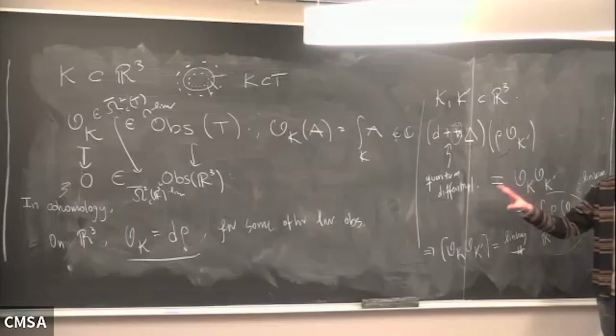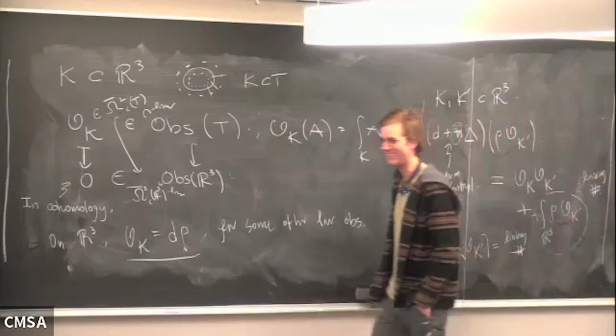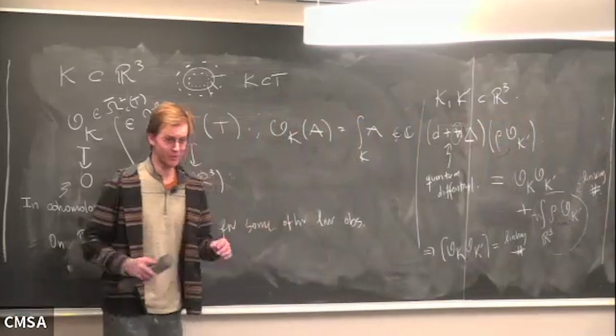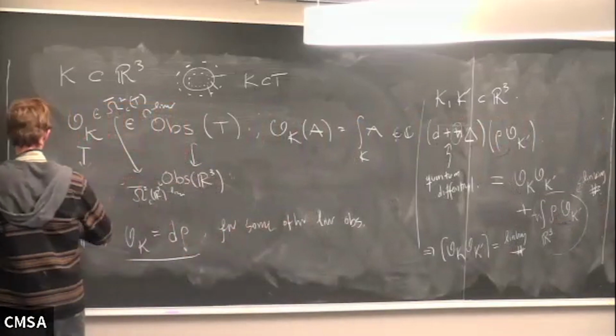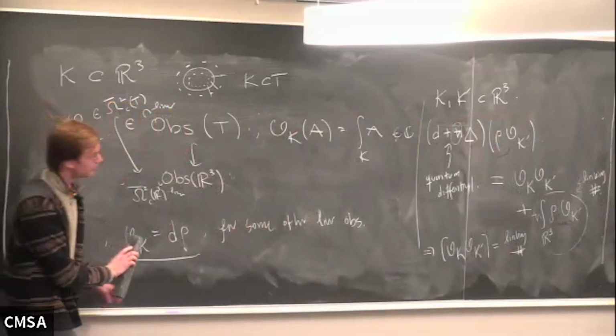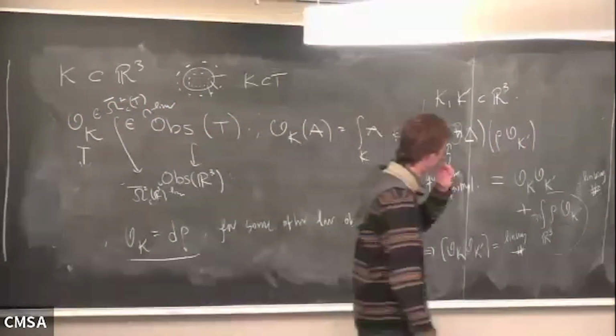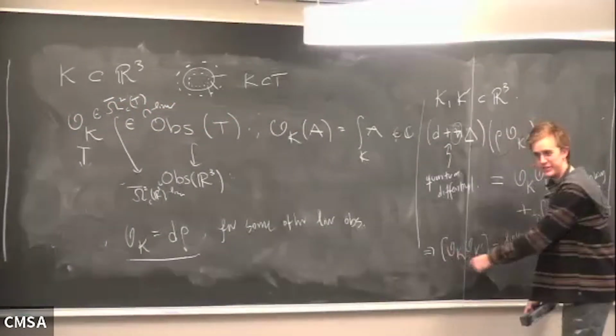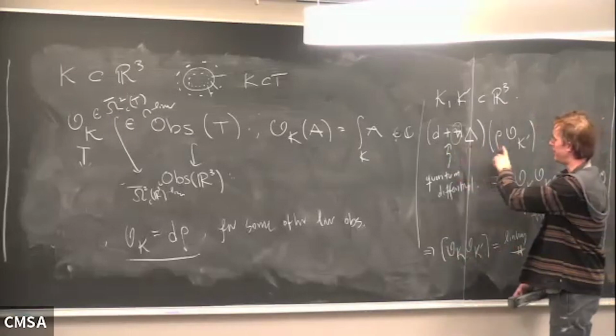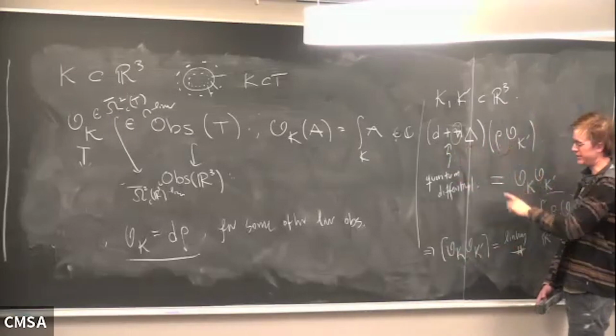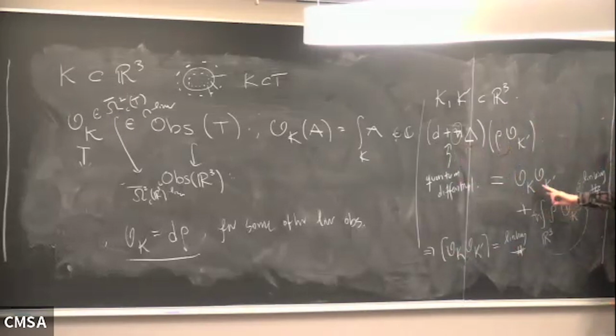I'm going to move on because I wanted to get to other things. I would love to talk more, but I'm going to move on. You said the bracket with the prime, what is that? Oh, this is in cohomology. That's what I meant. Here I'm viewing this as a homotopy. So it says that the right-hand side is cohomologically trivial.